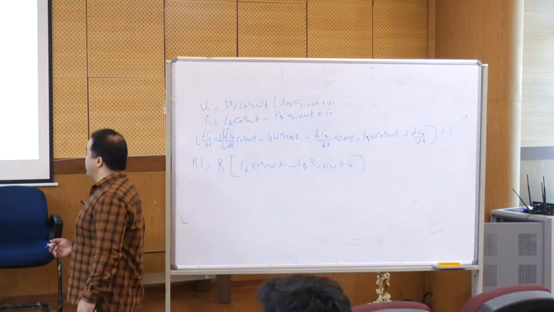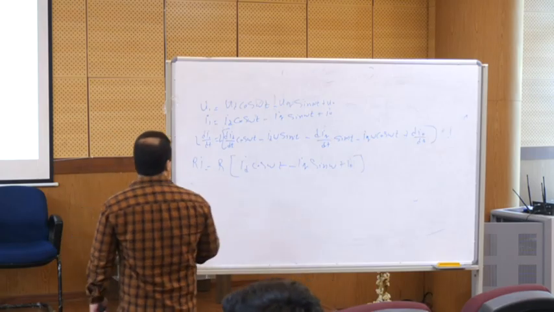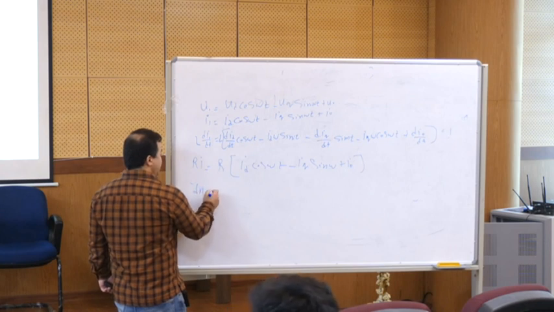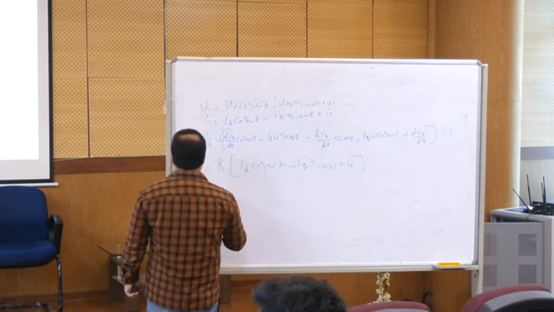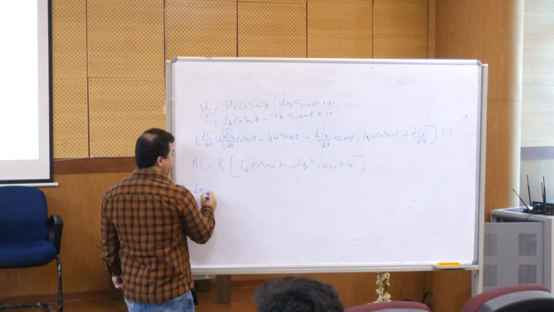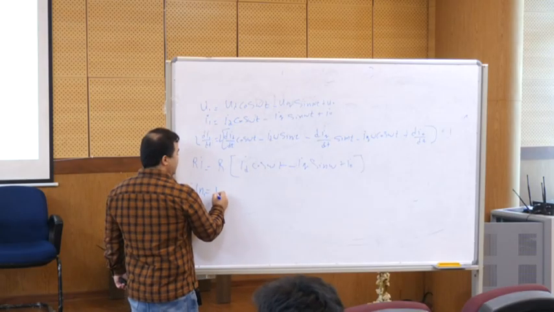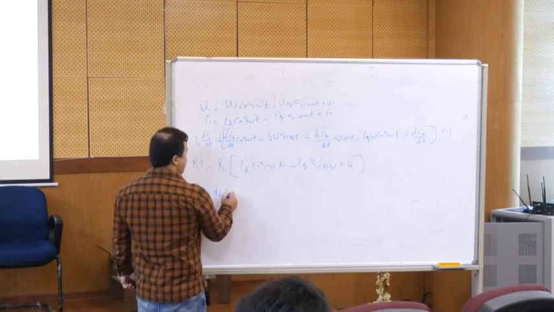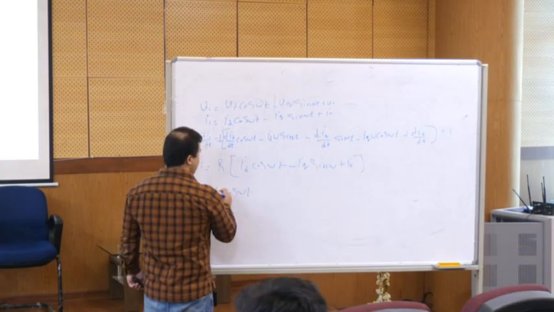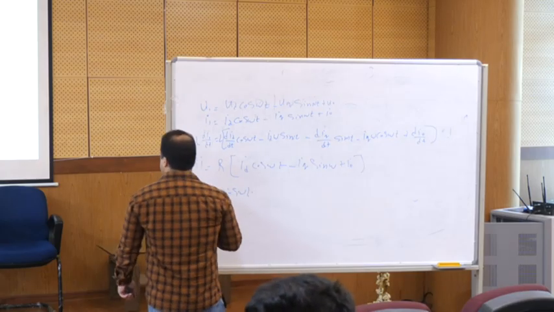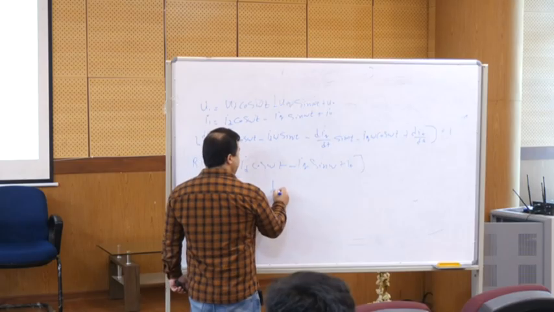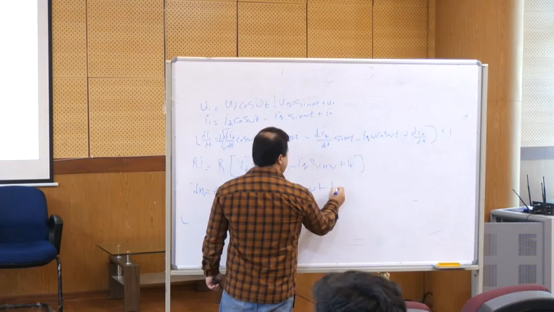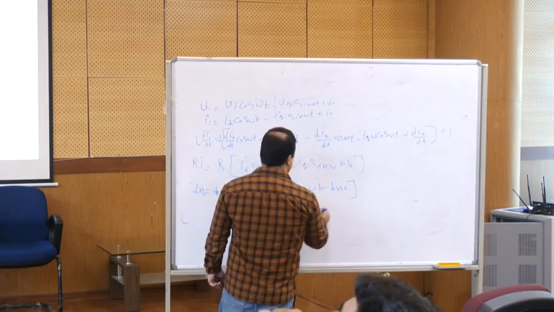Vdc is a constant value. But we consider dn1 is dnd cosine omega t minus dnq sine omega t plus dn0. Okay?